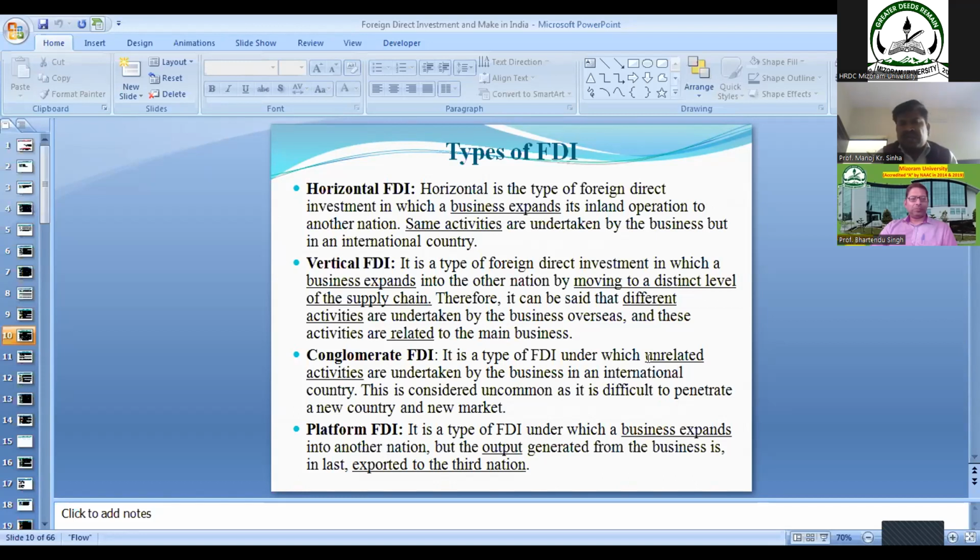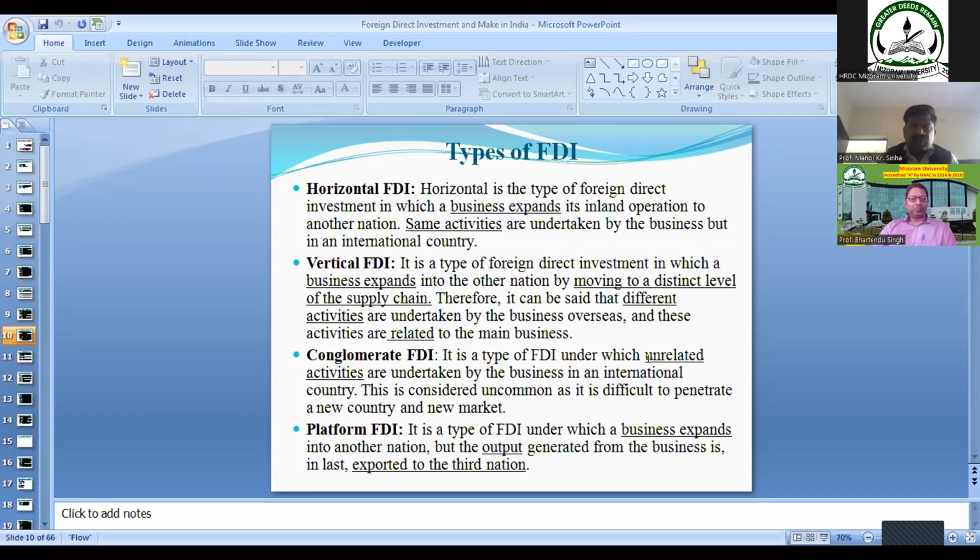Both are called backward linkage or forward linkage for setting up the business in the host country. It is a different activity, but the activity is related to the main business of the foreign investor.